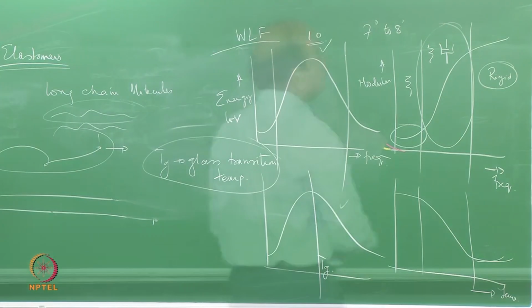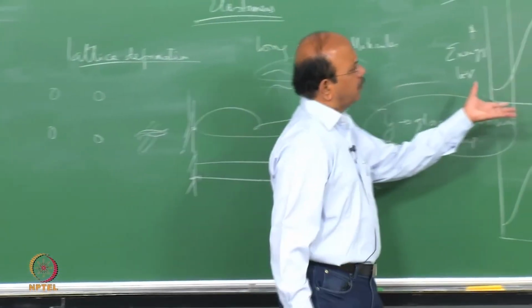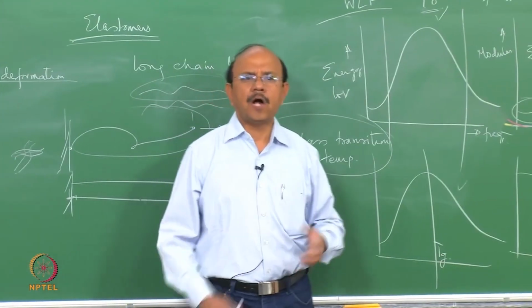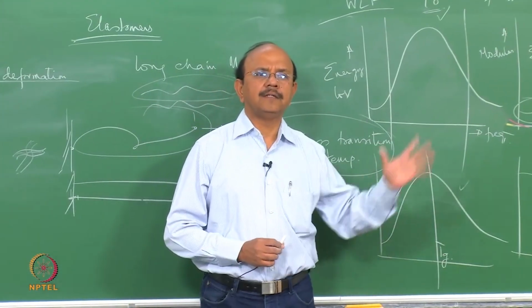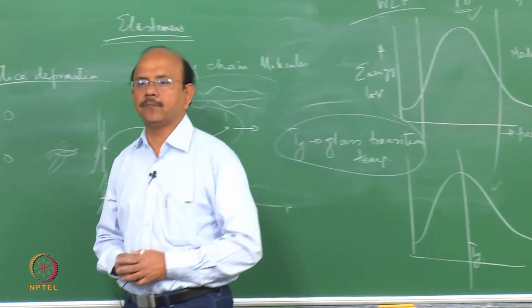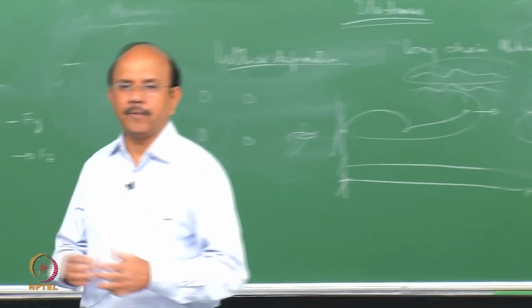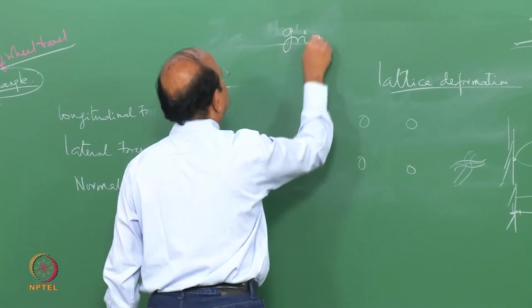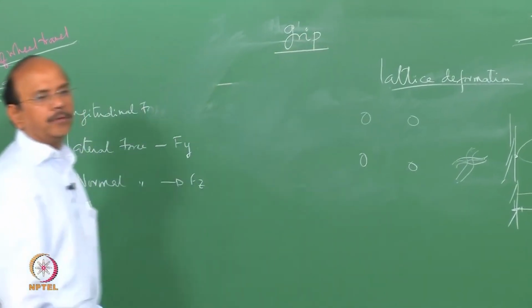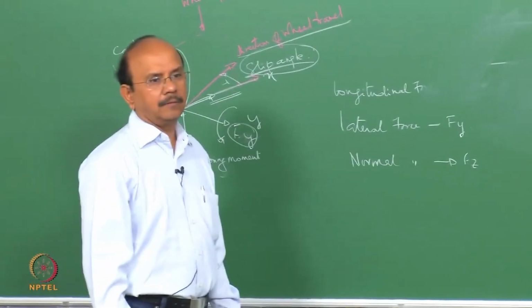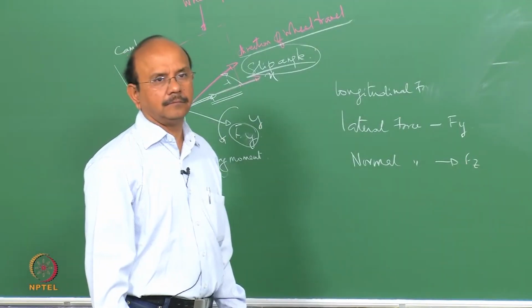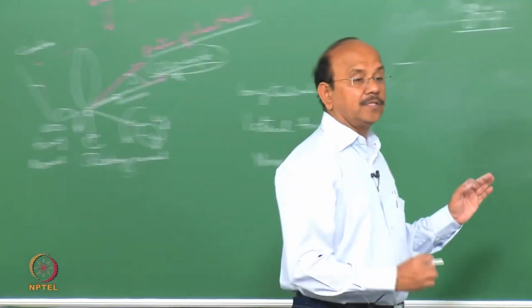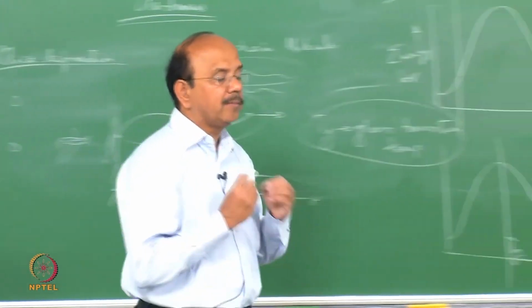Now, why are we talking about this? How does the behavior of elastomer help in the development of, say, grip? That's the first question which we are going to answer. In other words, let's define what is meant by grip.